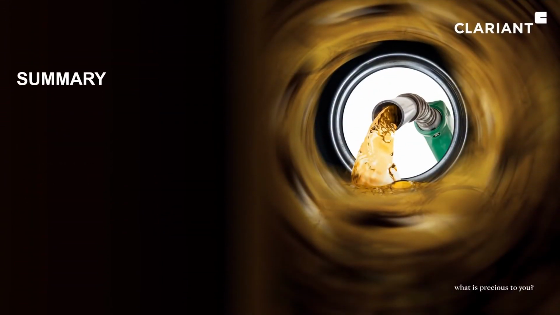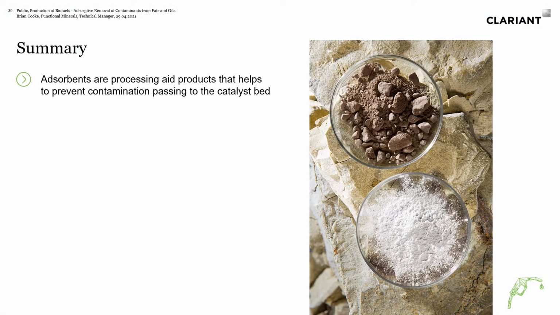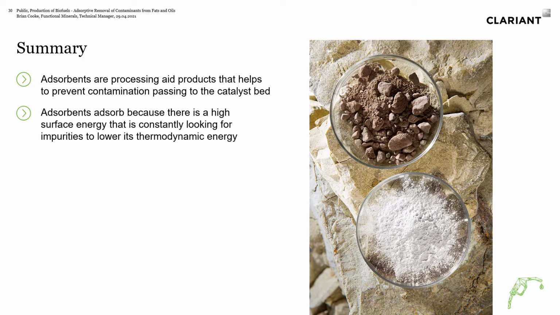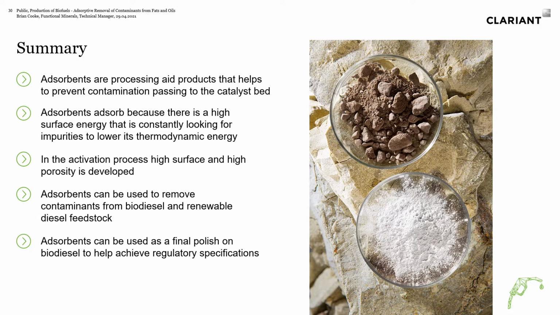So to summarize, adsorbents are processing aids that can help prevent the contaminants, both for the biodiesel process as well as the renewable diesel process. The activation of those clays is done through the use of an acid with temperature and pressure.